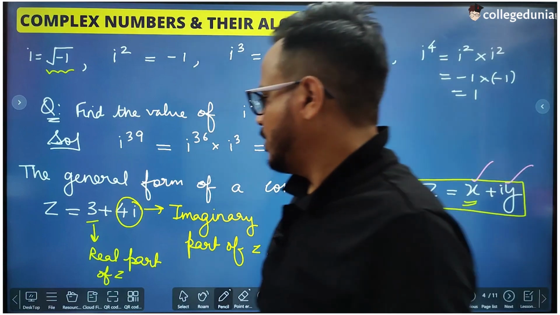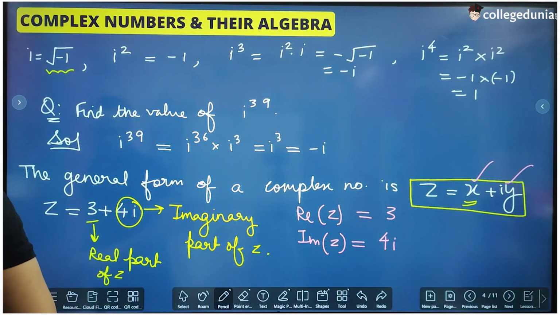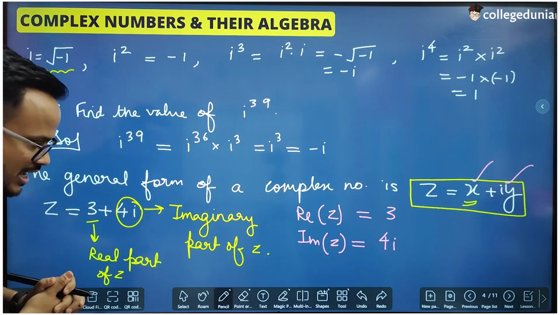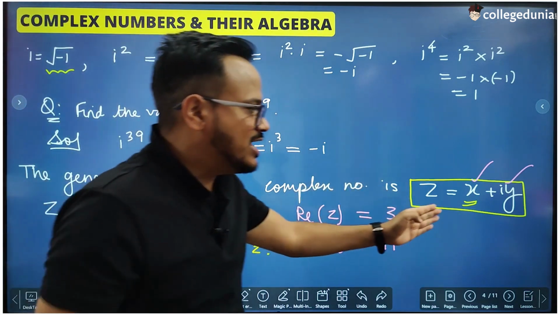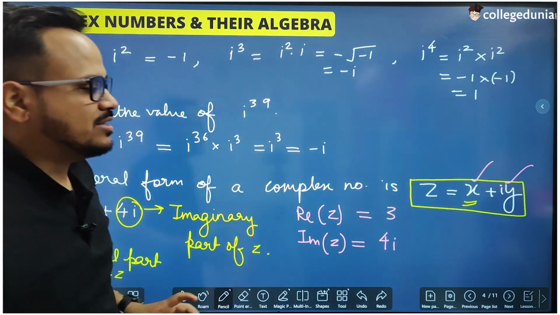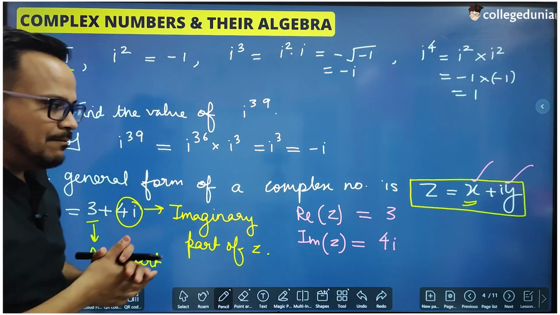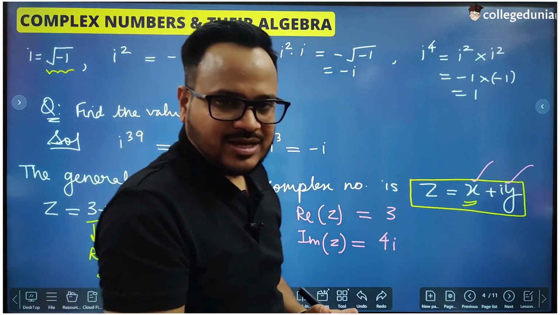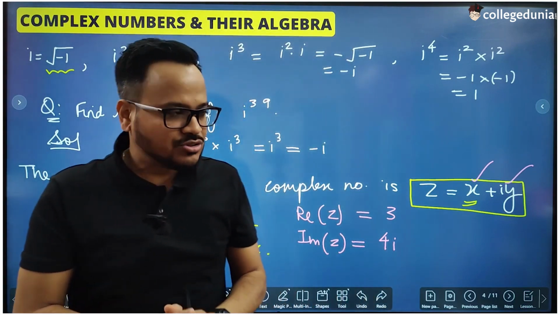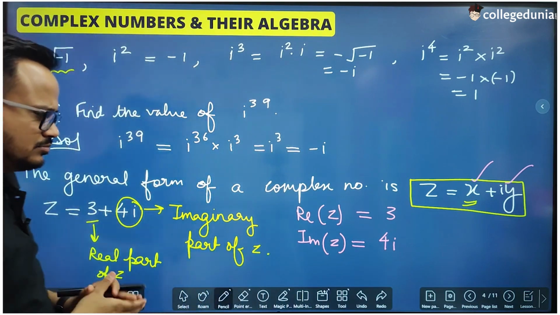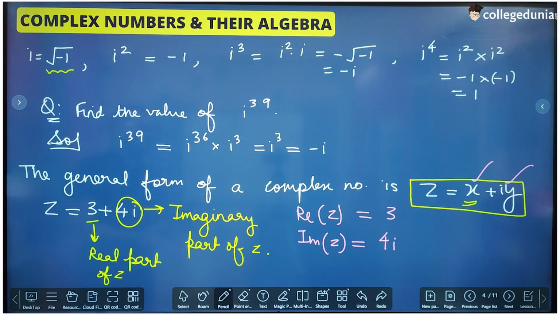Okay, so if the coefficient of real part is 0, then the complex number has only the imaginary part, and if the coefficient of i is 0, then the complex number has only the real part. So we can say that any real number can be written in the form of a complex number such that the coefficient of i is 0, right? So these are complex numbers.